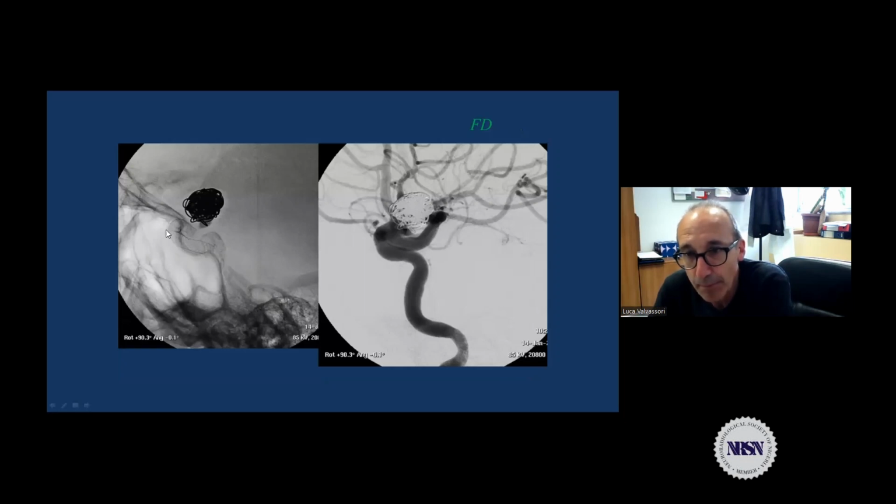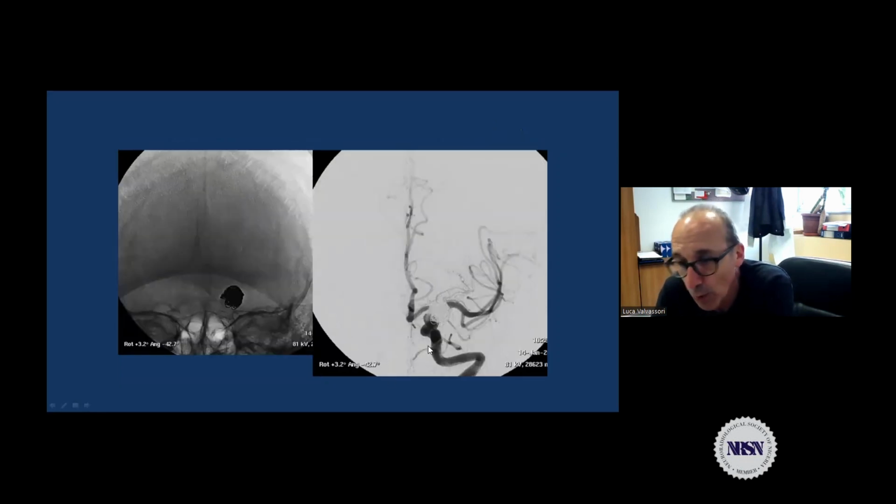So we use another kind of stent, a flow diverter, which is basically a stent with a dense mesh that has the ability and the capacity of diverting the flow, not inside the sac, but in the parent artery. So we will talk about that.